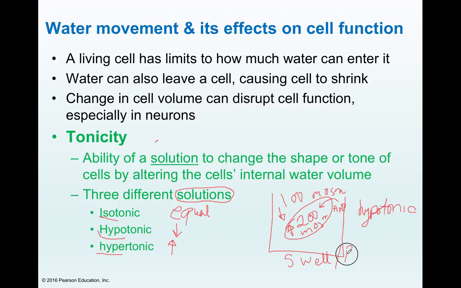And if there's too much water moving into it, it will cause the cell to burst. Now, let's take a look at these scenarios and how they affect your typical cell. Again, remember that these words, hypotonic, isotonic, and hypertonic, only and only can be used to describe your solution and not your cell.